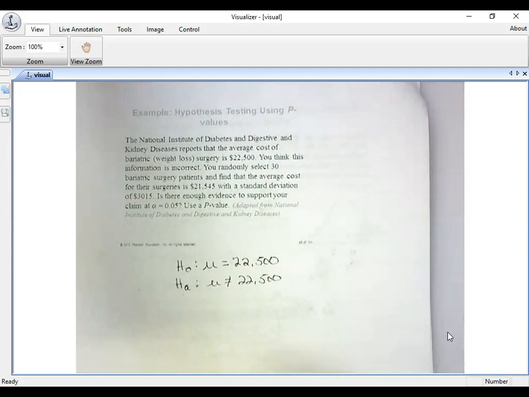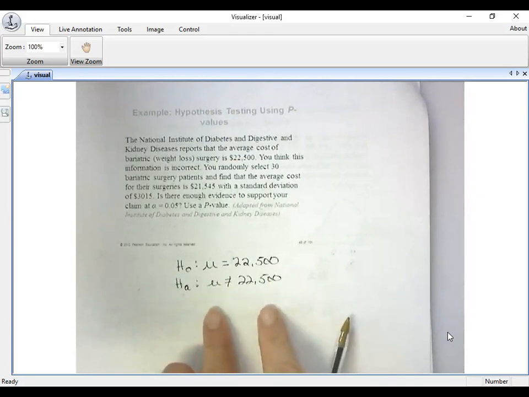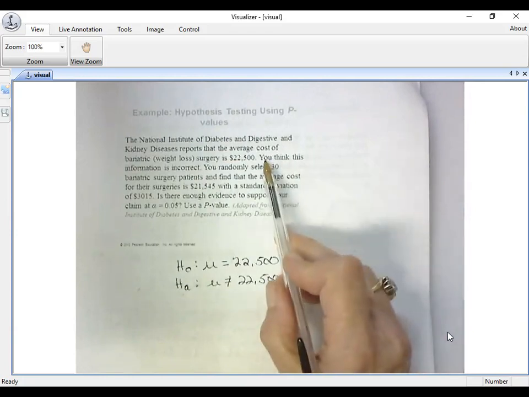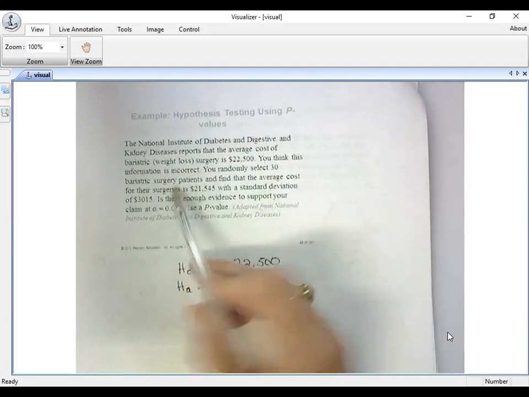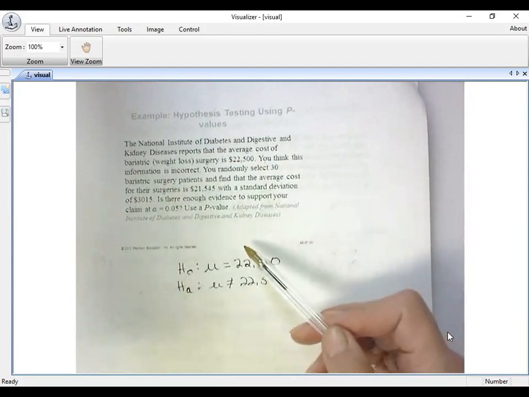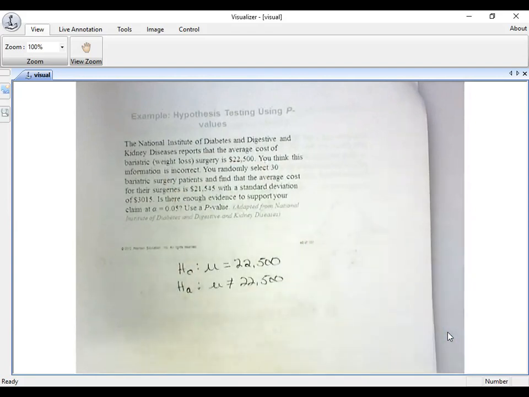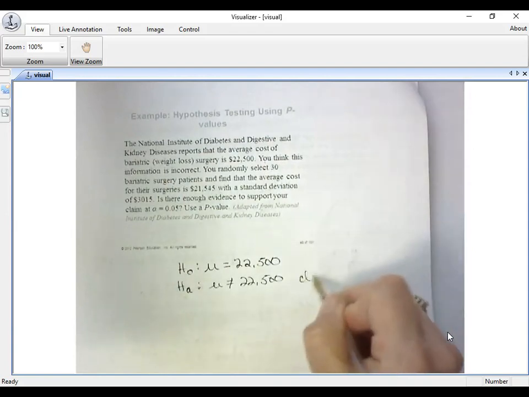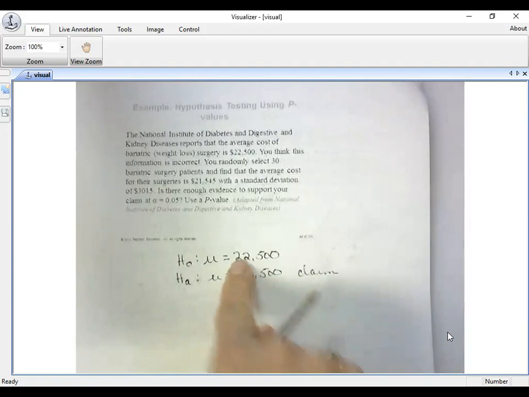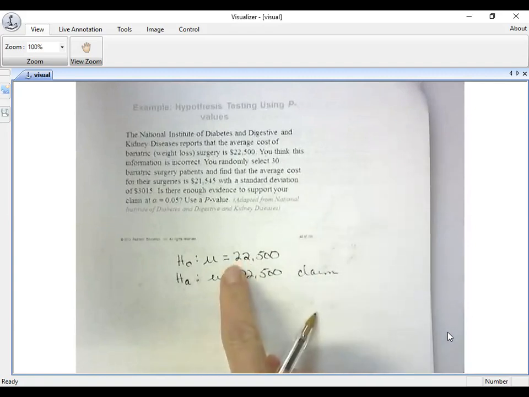Now, which one of these is actually the claim, you think? Well, let's put it this way. It says you think the information is incorrect. That's your claim, okay? Wouldn't you say? But this is the data they reported, all right?